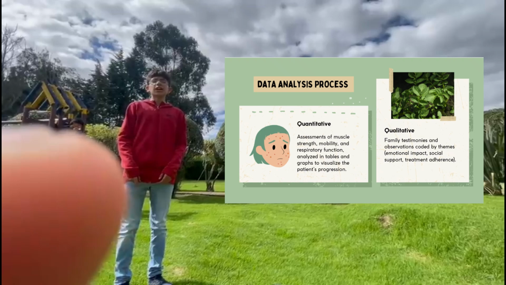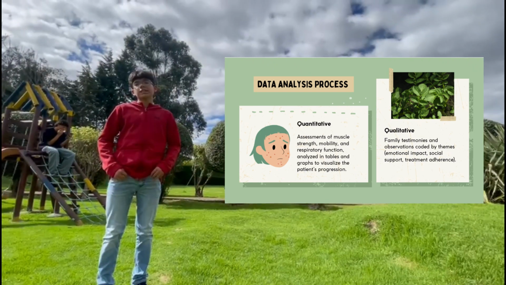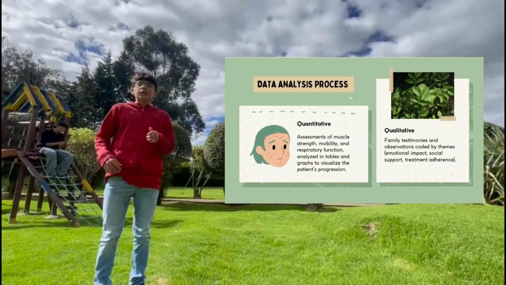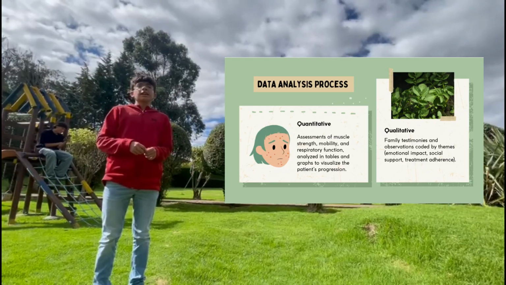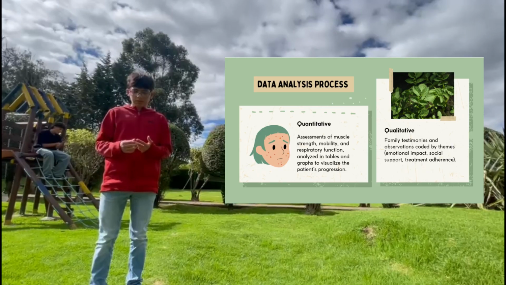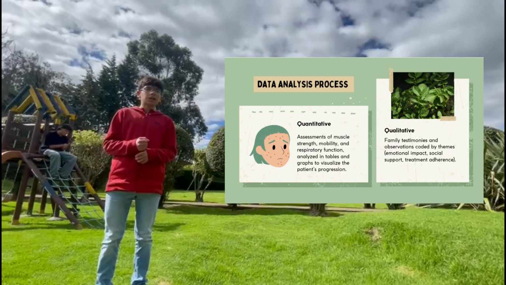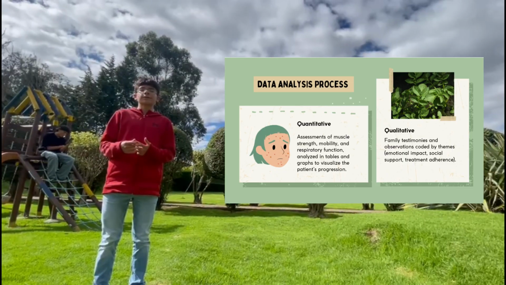We have two kinds of data of the muscular dystrophy, the quantitative and the qualitative. The quantitative collects the assessment of muscular strength, mobility, and respiratory function. This data is available in tables and in graphs.